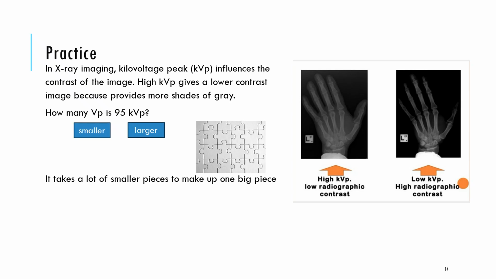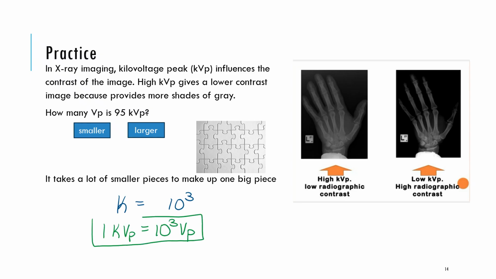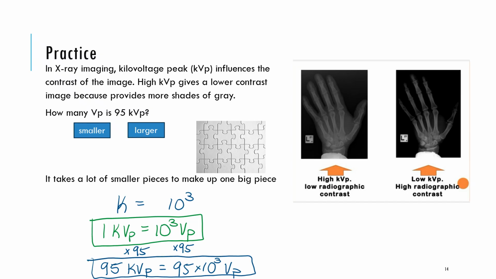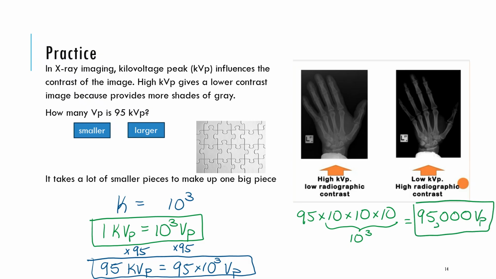Kilovolts are larger because the prefix kilo represents 10^3. 1 kilovolt is equal to 10^3 volts. Since we have 95 kilovolts, we multiply both sides by 95. This gives 95 kVp equals 95 times 10^3 volts. Evaluating this expression gives 95,000 volts.